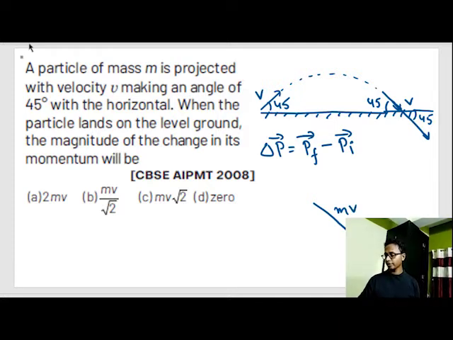This is 45, the direction of final momentum. Now the initial momentum is in this direction, but we shift this initial momentum out here. But see, minus of initial momentum, that means we have to reverse the direction of initial momentum. So let us reverse the direction of initial momentum.